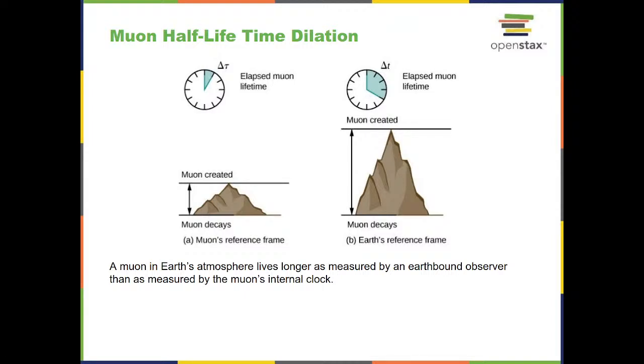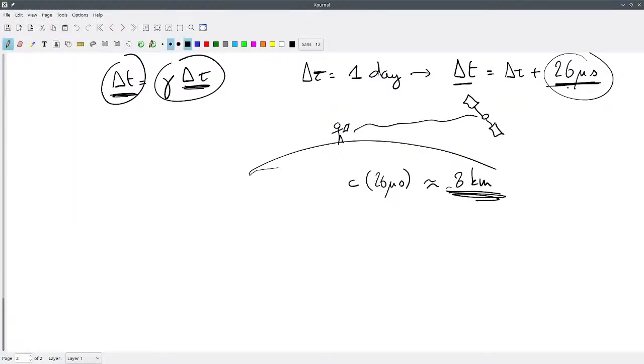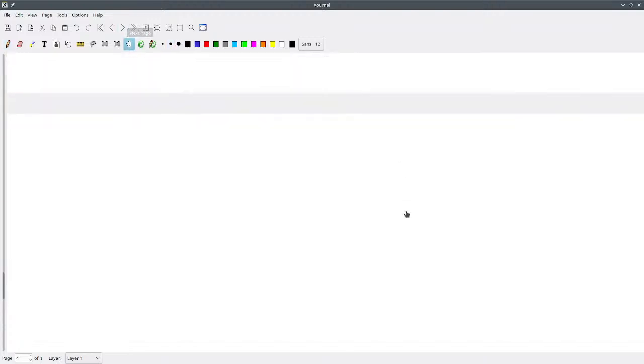So if we have muons, particles that are created high up in the atmosphere, if a muon is created with a high energy, and it takes on a speed that is close to the speed of light, then beta will be close to 1, and then gamma will be much greater than 1, and those muons will be able to travel very long. And this actually explains something that was observed when these muons were discovered first.